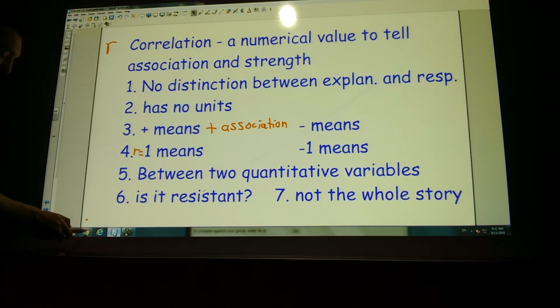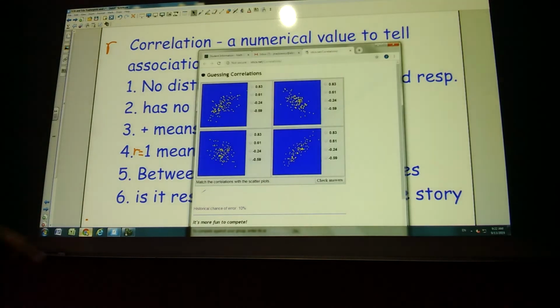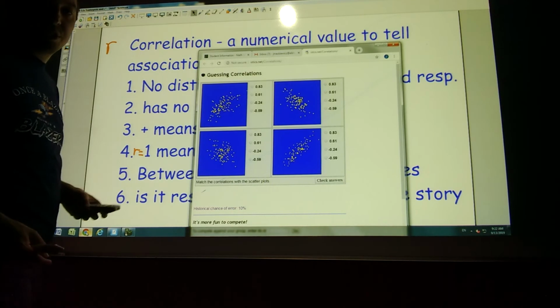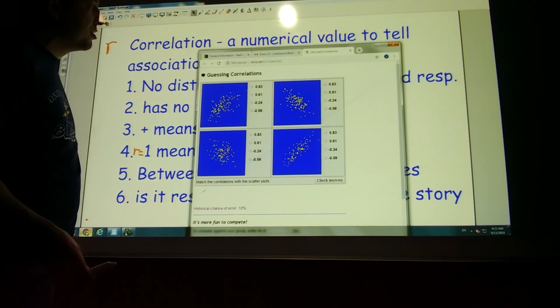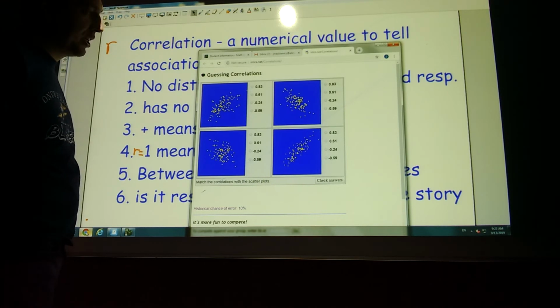I wanted to go to a website and get you familiar with what R could be. Hopefully you can see this. I'm not going to zoom in, but maybe you can zoom in. This is a little applet where you can guess R values so you get practice at it.